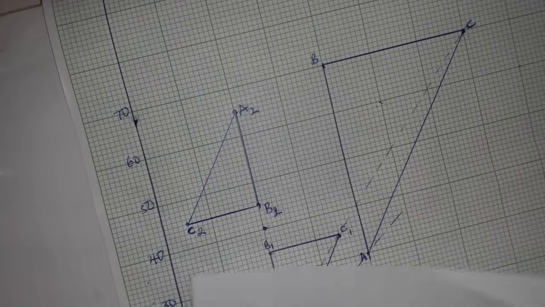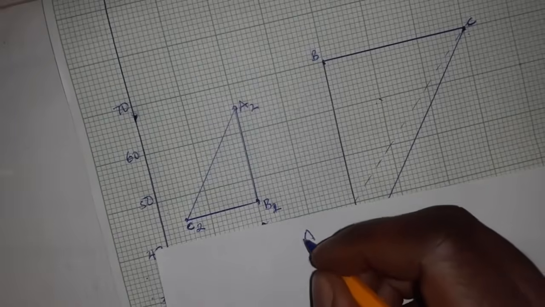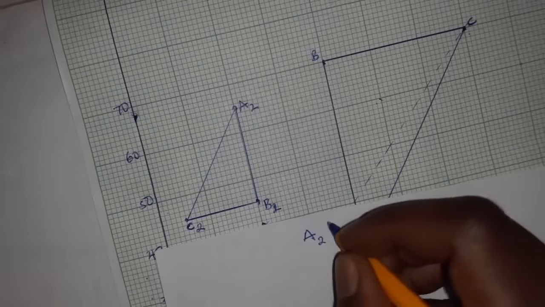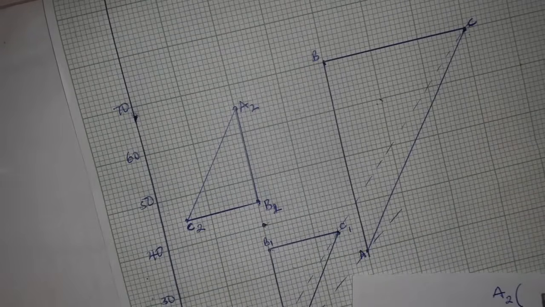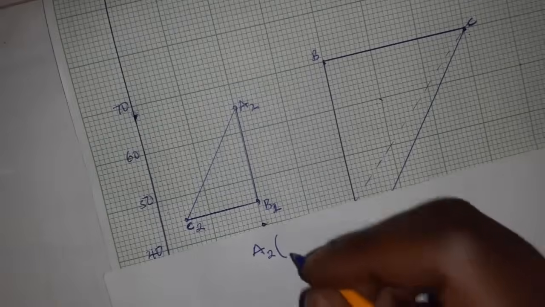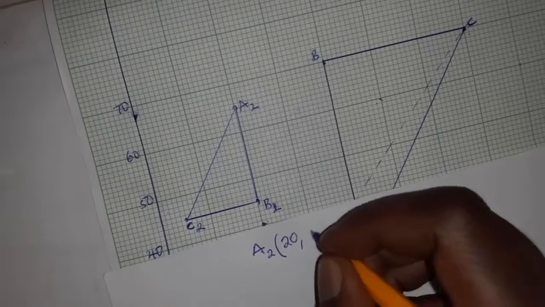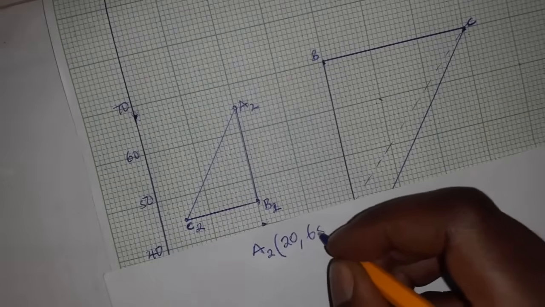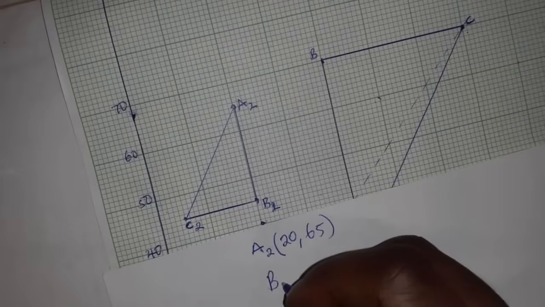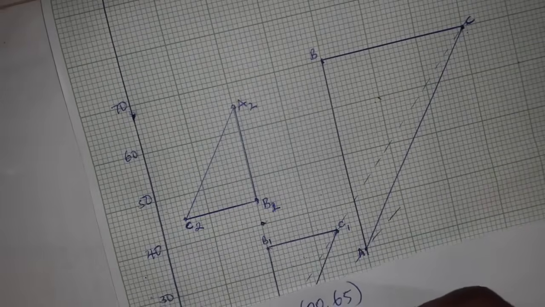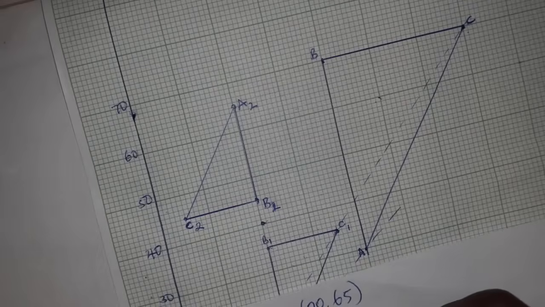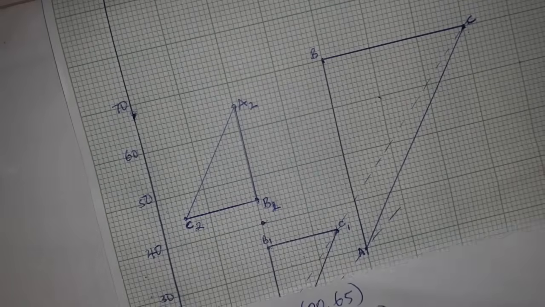Then A1 or A2, what are the coordinates? It's 20, 65. So this is 20, 65. What about B2? B2, it is 20, 45.